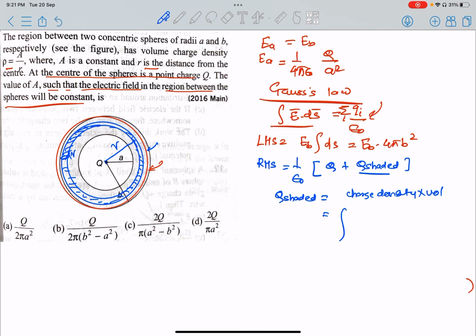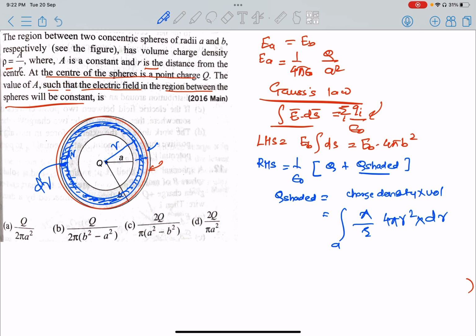So what is the charge enclosed in this spherical shell? The charge density, a r, times the small volume of this spherical shell, which is 4 pi r squared, the surface area, times the small thickness dr. Now we move this shell from A to B so that we will get the total charge enclosed in this shaded region.